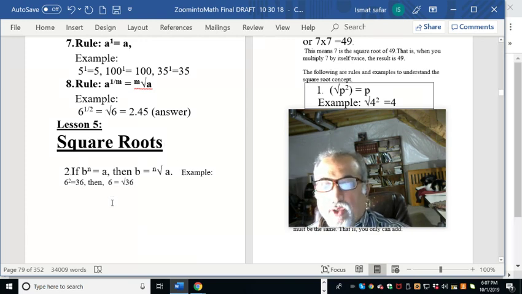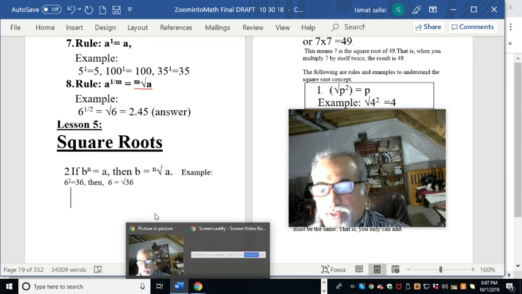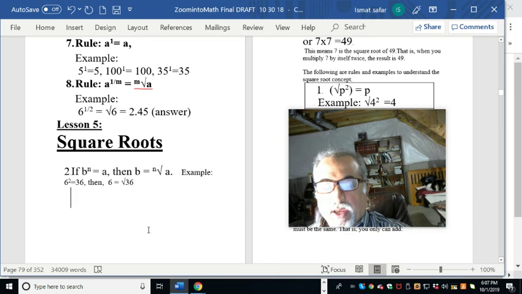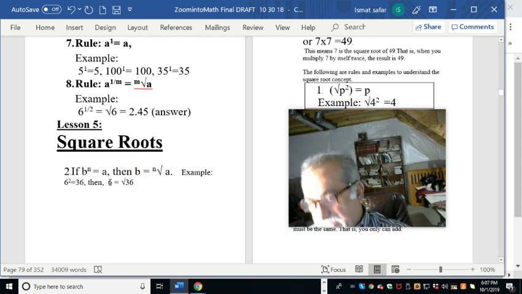Now, the second rule in the square root rules is this: if we have a number like 6 squared, you see 6 squared equals 36, then the rule says 6 equals the square root of 36.